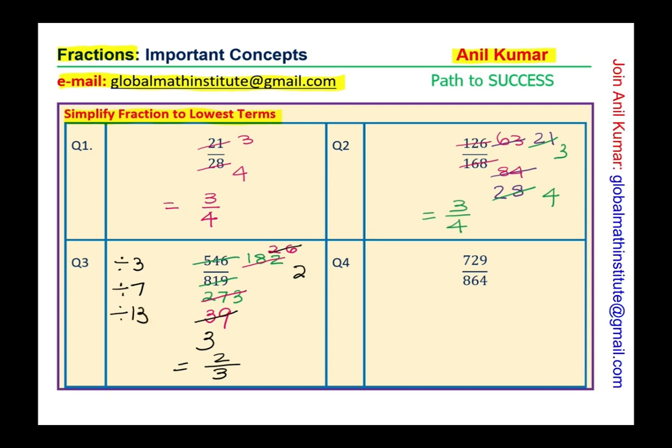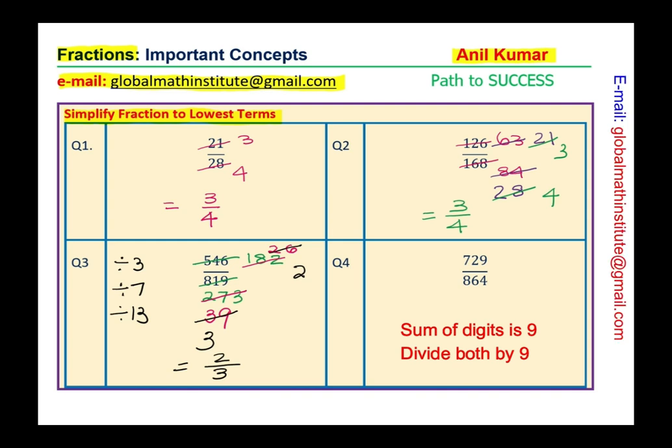Perfect. The next one, 729 over 864. If I add 7 plus 2 is 9, 9 plus 9 is 18, I can divide the numerator by 9. Denominator, 8 plus 6 is 14, 14 plus 4 is 18. I can divide this also by 9. So let us divide first by 9.